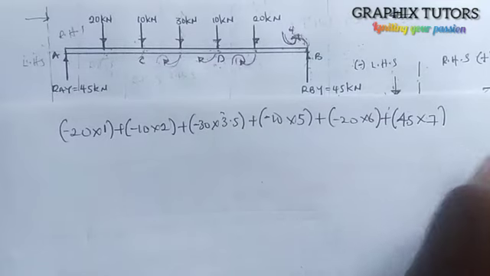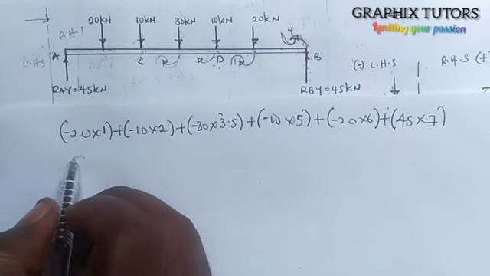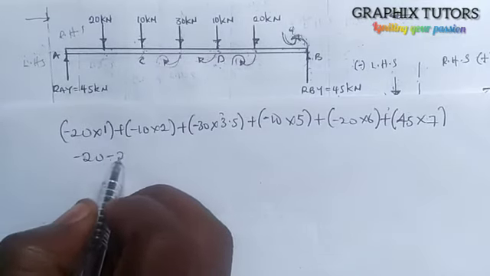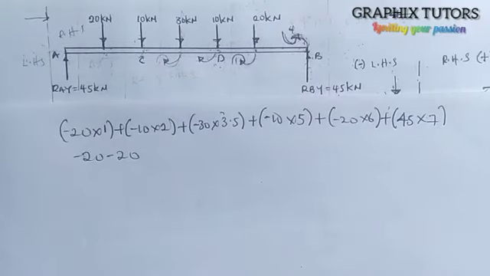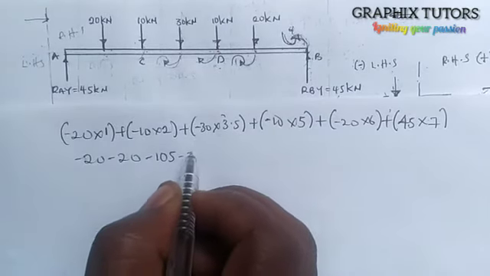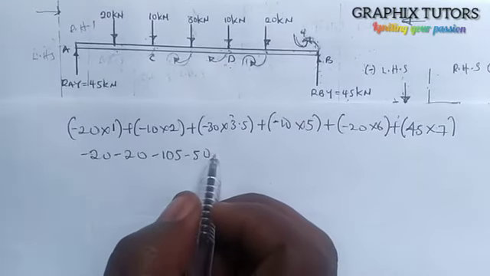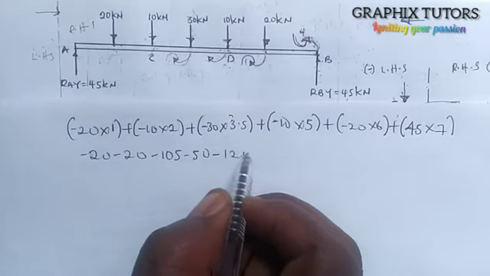Our answer must be 0. So let's see. We have minus 20, 10 times 2 is another minus 20, minus 30 times 3.5, and that will give us minus 105, minus 50, because minus 10 times 5 is minus 50. We have minus 6 times 20, that is 120.